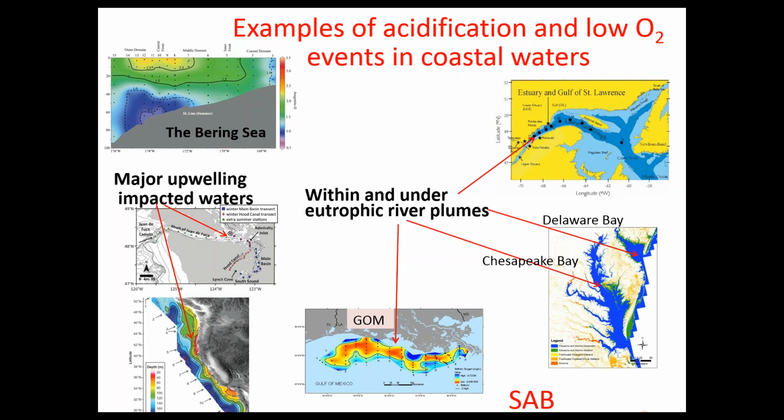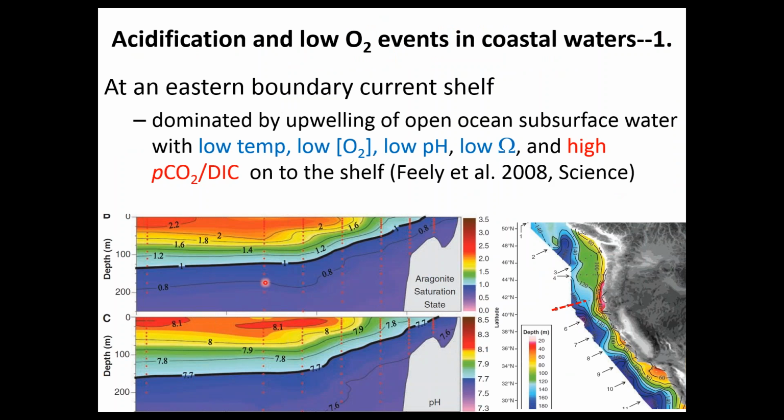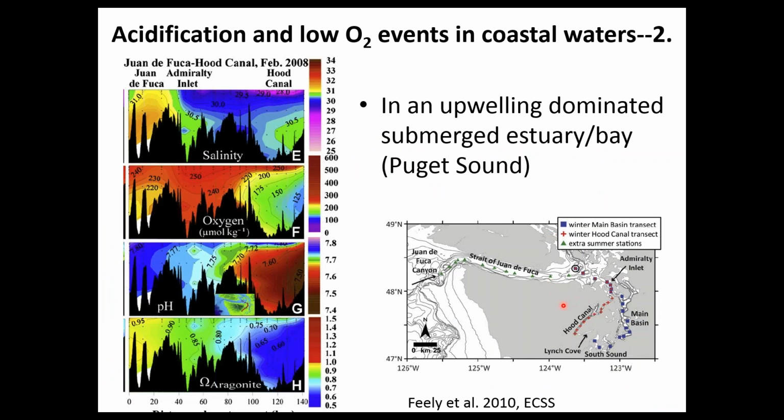All right, so on the west coast, the dominant process, as you read in Dick Feely's 2008 paper in Science, is really upwelling that brings low pH, low oxygen and low aragonite saturation water onshore and exposes the ecosystem there to low pH. This upwelling water could further get into estuaries, like here into Hood Canal, an estuary near Seattle.